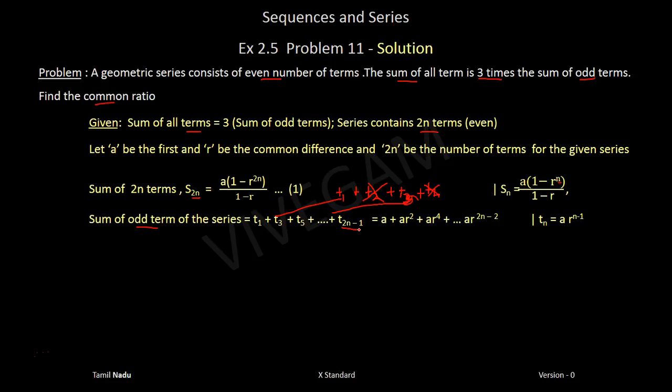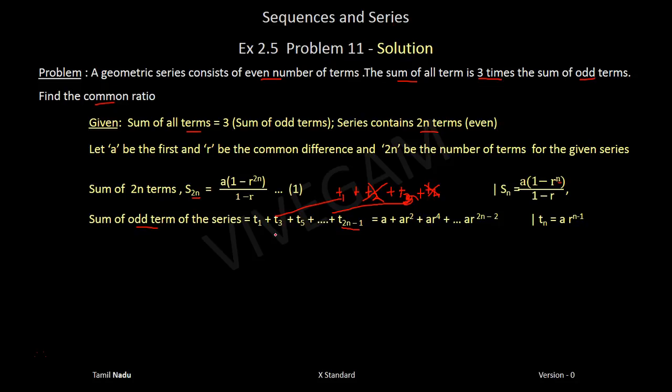That will be the last term for this sum. Please be careful. Understand this clearly: the series contains t1 plus t2 plus t3 plus t4 plus t5 up to t2n. But t1 is odd, so it will come. t2 is even, it will not come down. t3 will come down. t4 will not come down, because it's an even term. And t2n, the last term, will not come, but the one before that is odd, so t2n minus 1 will come.